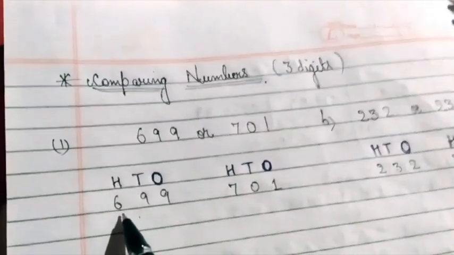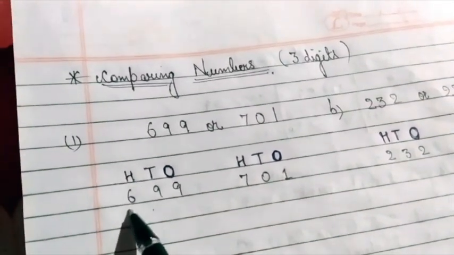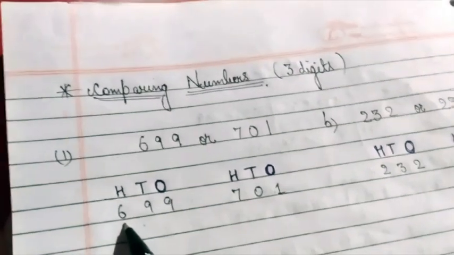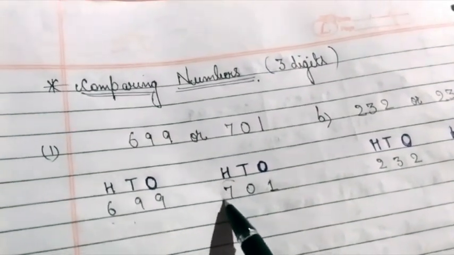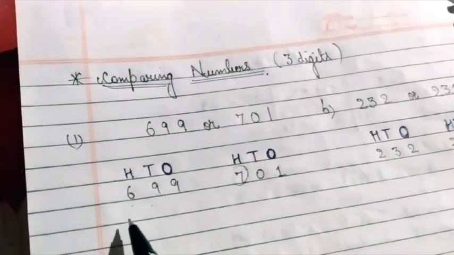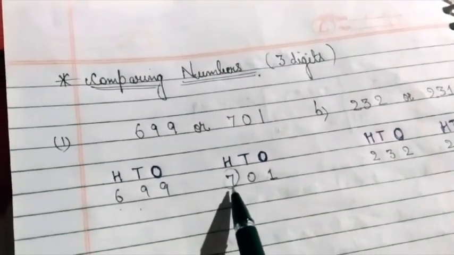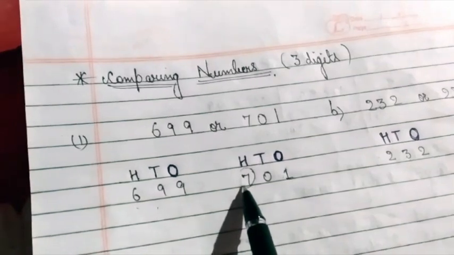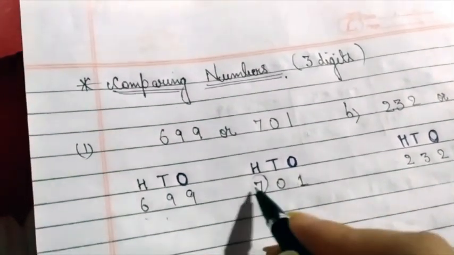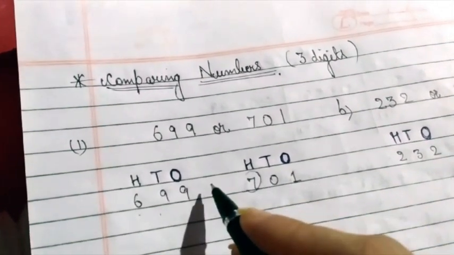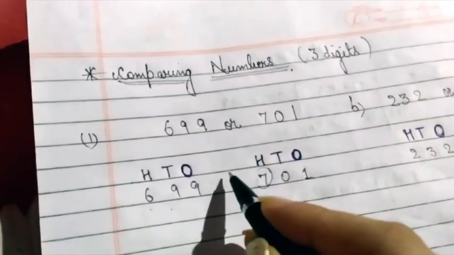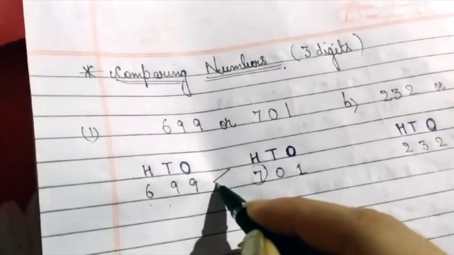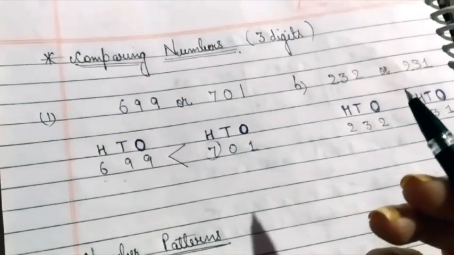In the number 699, 6 is in the hundreds place, and in the number 701, 7 is in the hundreds place. So which is greater, students? 6 or 7? 7 is greater. So when we compare the hundreds place, 7 is larger than 6. So ultimately 701 is the larger number.